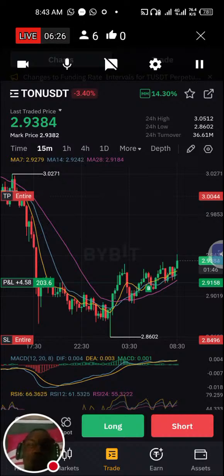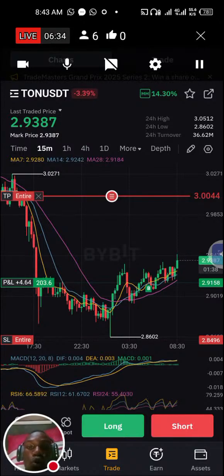So for anybody who entered this trade with 100 USDT, if this market executes according to our plan, the person is going to make 45 USDT, right? So if this trade hits our take profit, you're going to make 45 USDT.